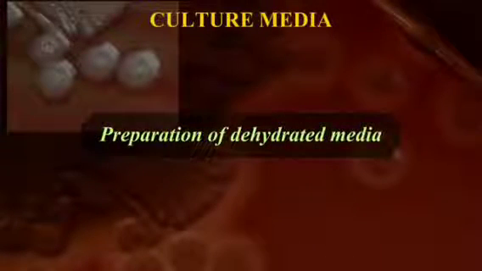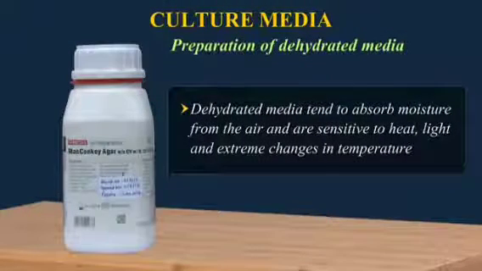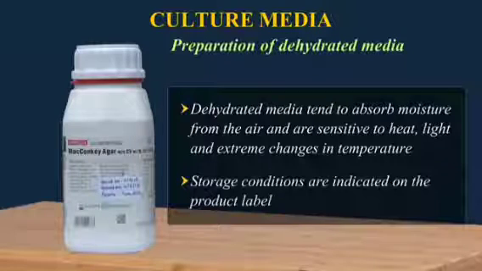Preparation of dehydrated media. Dehydrated media tend to absorb moisture from the air and are sensitive to heat, light, and extreme changes in temperature. Storage conditions are usually indicated on the product label and should be followed carefully.